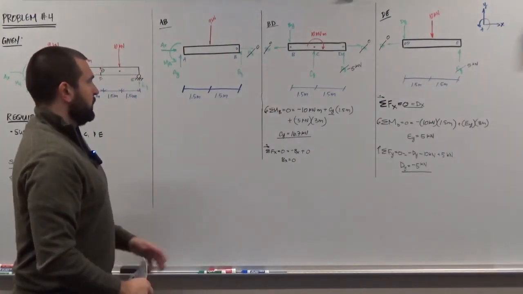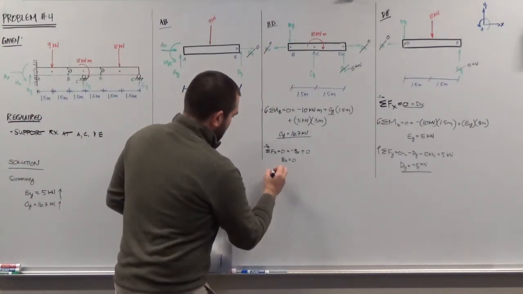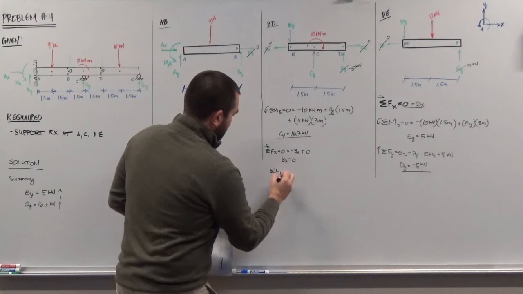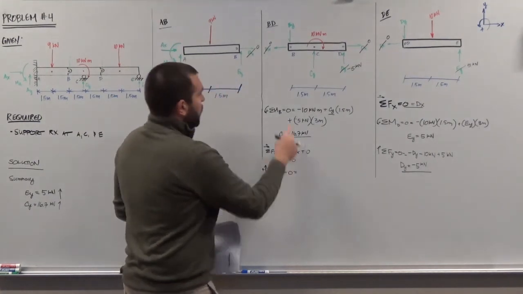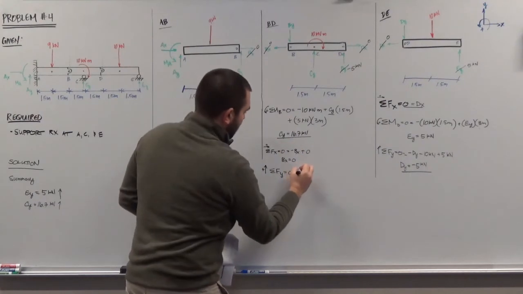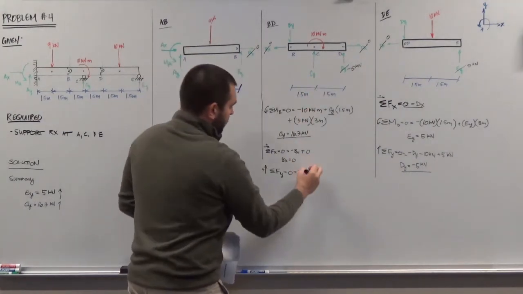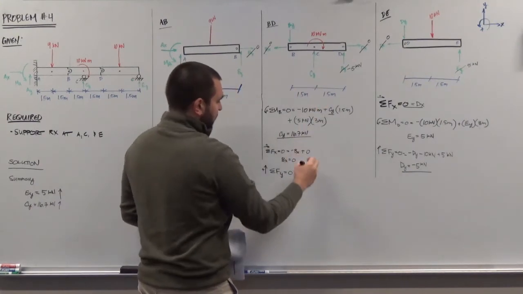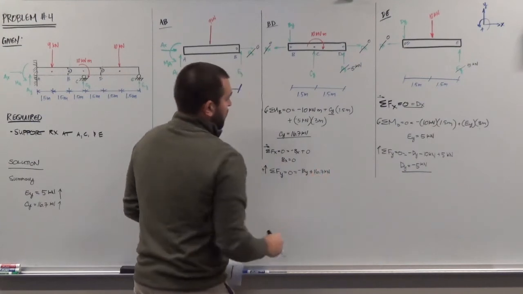Not a big deal. Now to solve for By, I've got a couple different options. If I sum the forces in the y direction equal to 0, I'm going to get minus By plus Cy, which is 16.7 kilonewtons, right?